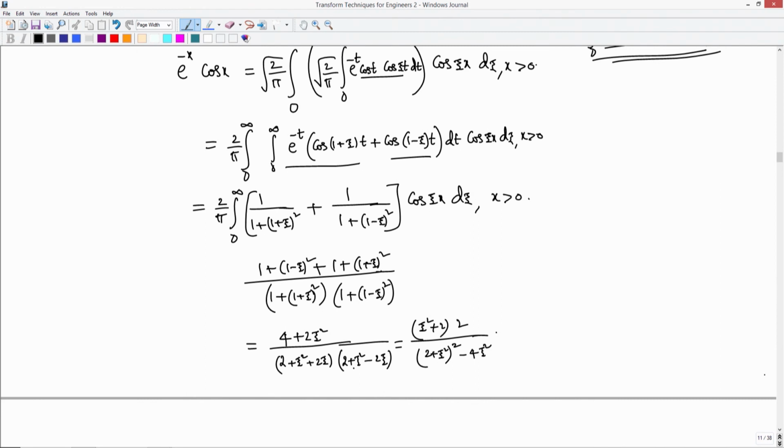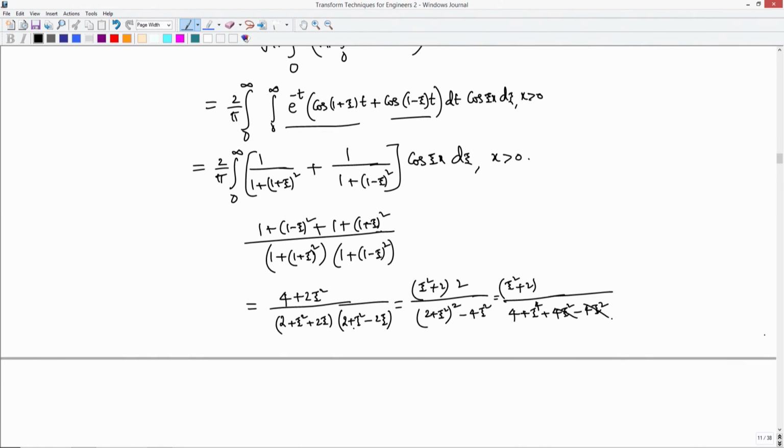So, what you end up is xi square plus 2, divided by, this is going to be 4 plus xi power 4, 4 xi square minus 4 xi square, yeah, this is fine. So, this is going to be 0.